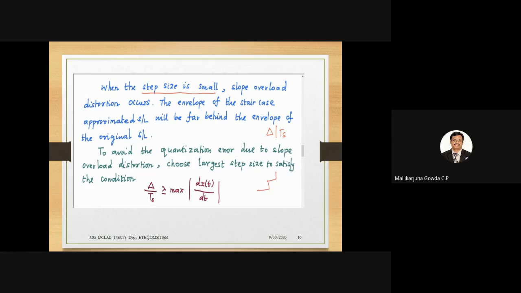So delta by Ts means delta times Fs, where delta is the step size and Fs is the sampling frequency. That product should be greater than the maximum rate of change of the analog input signal. Then we will be able to fulfill that requirement.